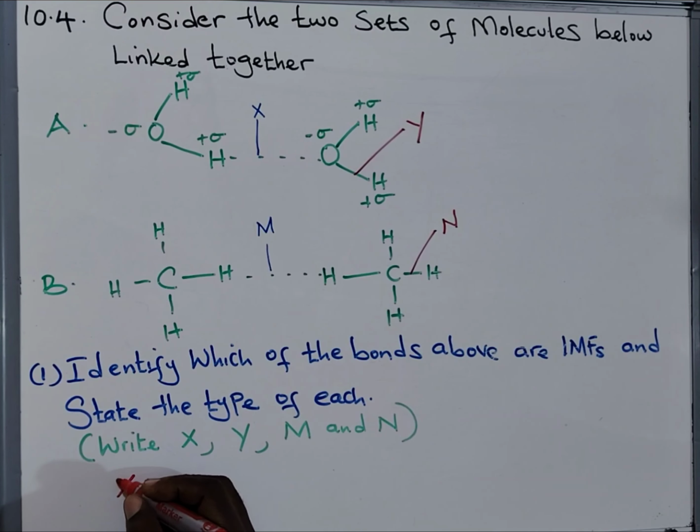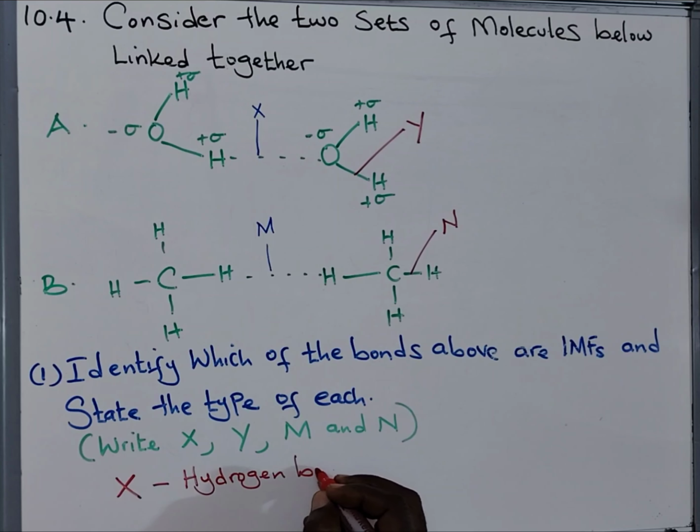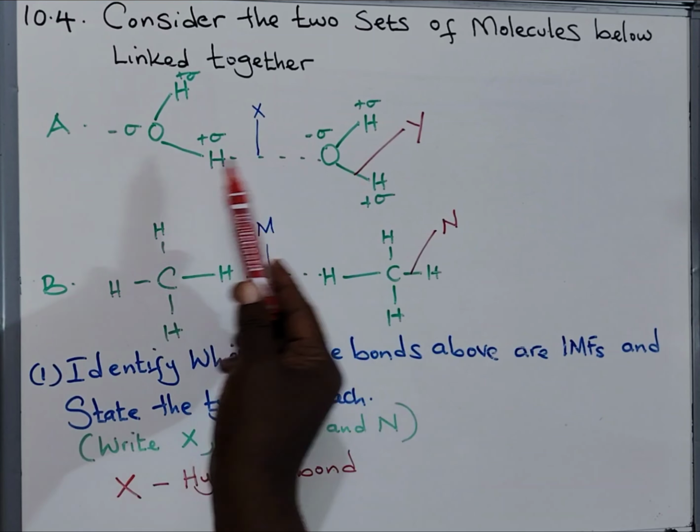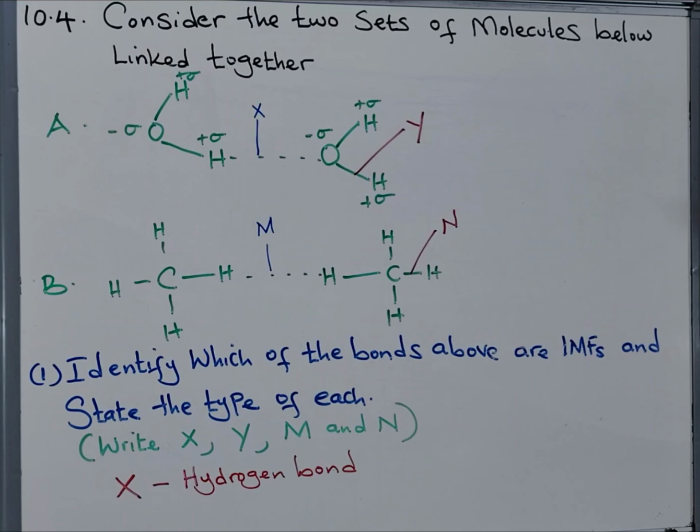The first one is X. X is an intermolecular force. And what is the type? It is hydrogen bond. We know that the intermolecular forces existing between water molecules are hydrogen bonds.